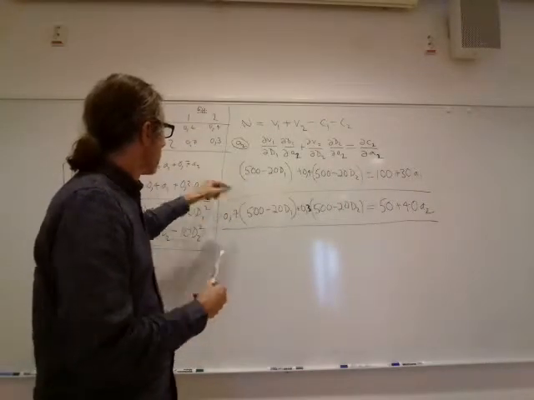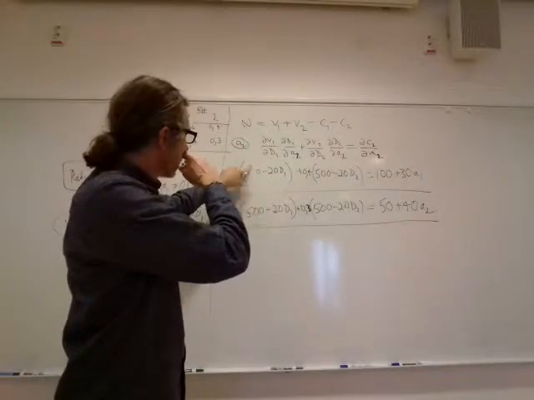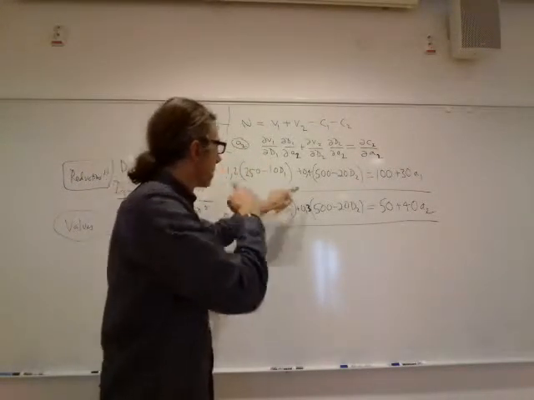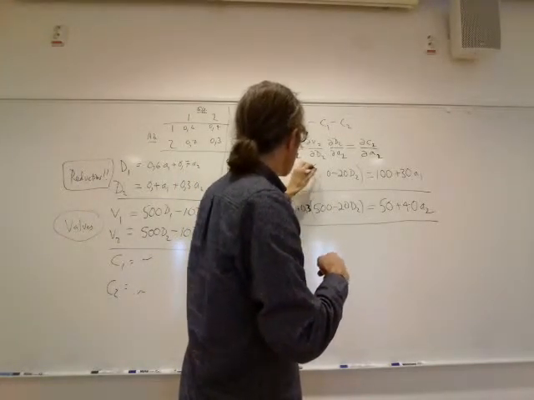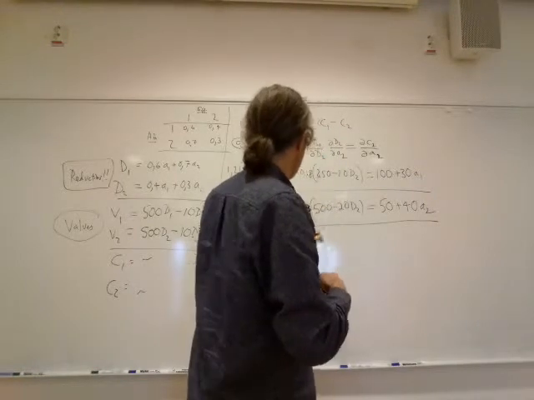So instead of 0.6, we'll go 1.2, and we'll say 250 minus 10, and this will be 0.8, 250 minus 10.